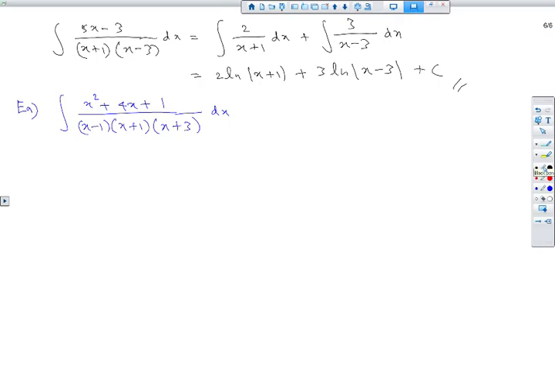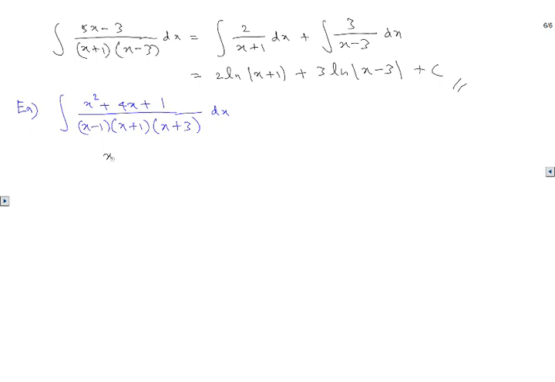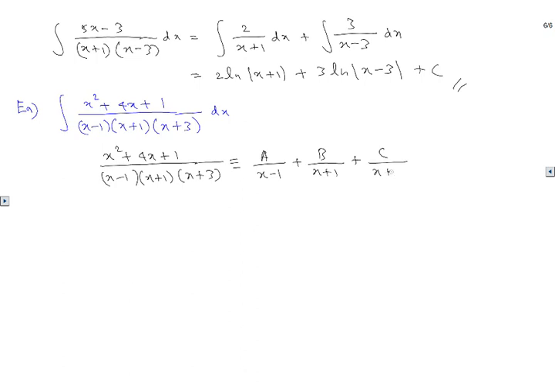So what do we write for the form? The form is (x squared plus 4x plus 1) over (x minus 1)(x plus 1)(x plus 3) identical to a over x minus 1, b over x plus 1, c over x plus 3. These are linear factors, so we write a, b, c.